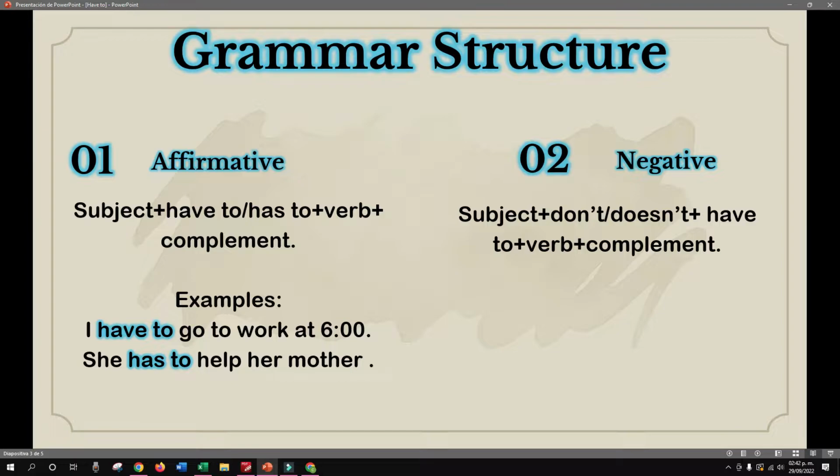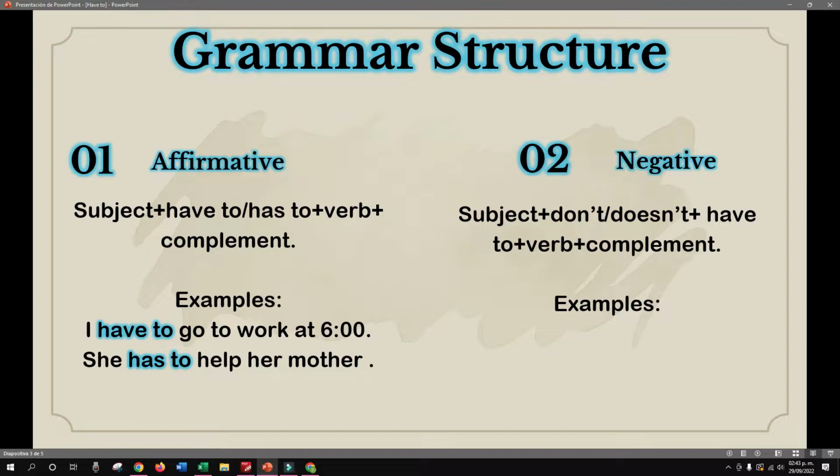And have to. Then the verb in the main form and the complement. Esto era lo que les decía del por qué el have to and has to es un semi-modal verb, porque necesitamos los auxiliares, en este caso don't or doesn't, para poder realizar la oración negativa.